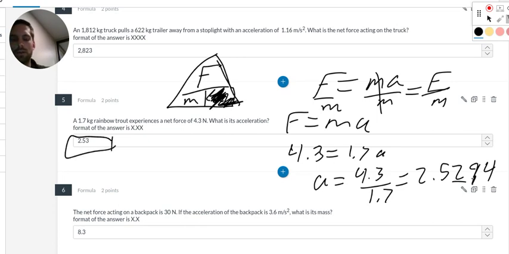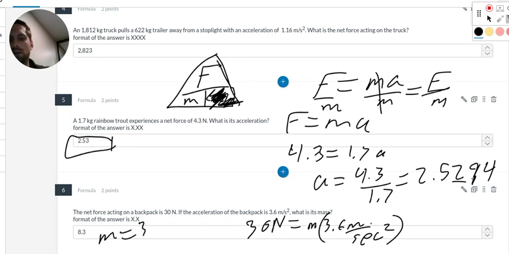All right, last one. Same kind of problem, except this time around it's the other way around. So 30 newtons, F equals m times a. So here I need to just solve for m.